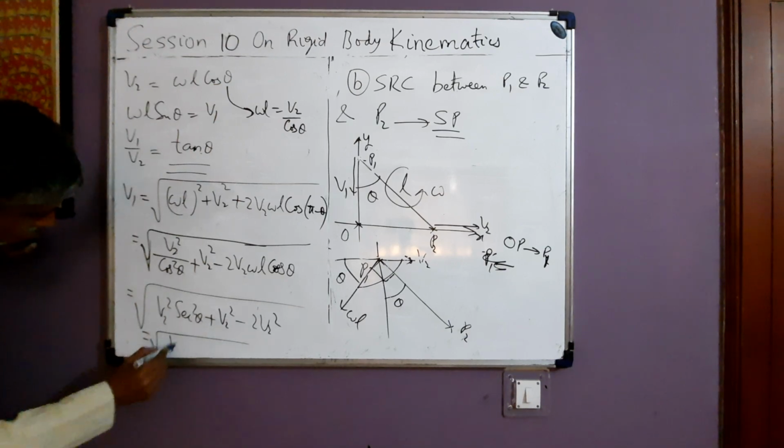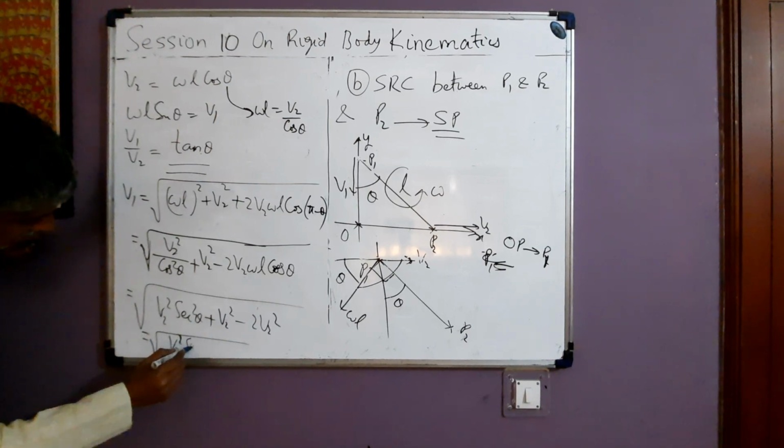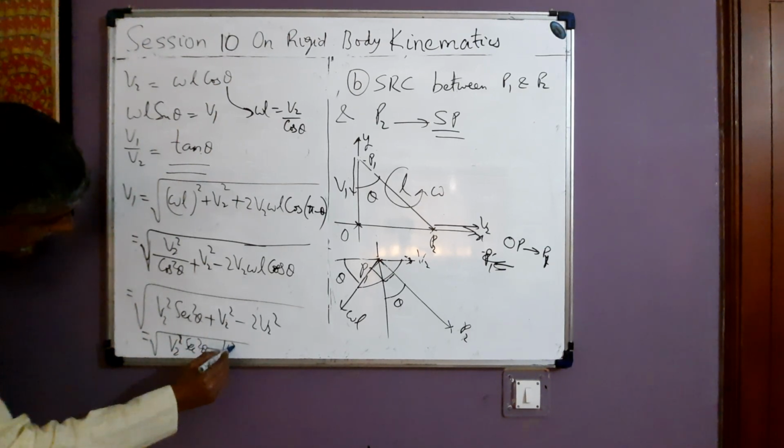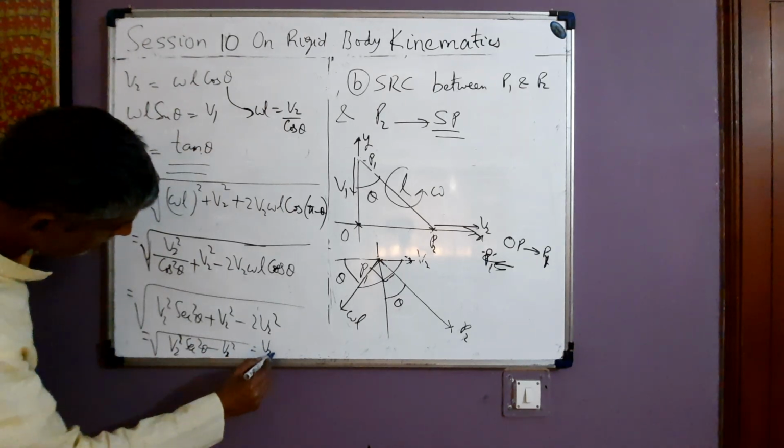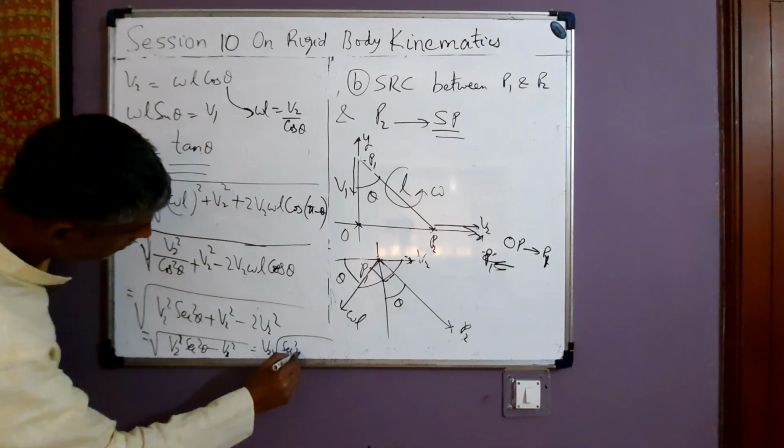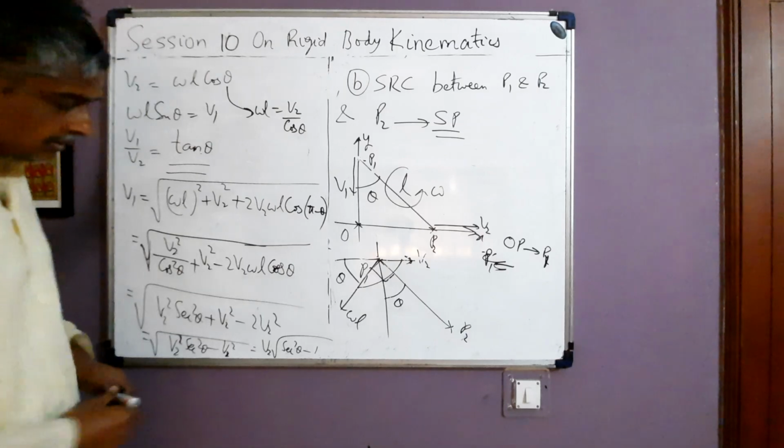That is the same as V2 square sec square theta minus V2 square. That is simply V2 times root under sec square theta minus 1. This is simply tan theta.